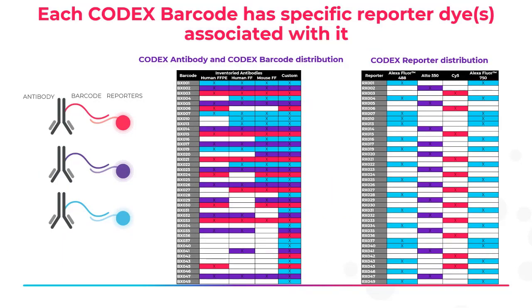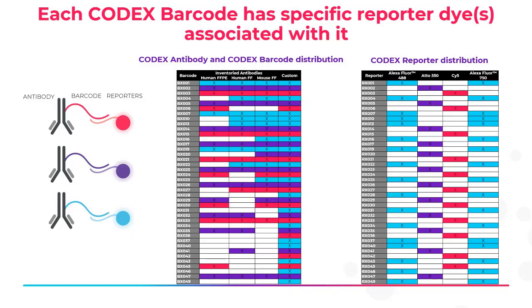Now, each barcode has a specific dye-conjugated reporter associated with it, and the antibody barcode distribution can be seen on the left. This chart tells you which barcodes have inventoried CODEX antibodies associated with them. Now on the right, you'll find the CODEX reporter distribution, and you can find what reporters are associated with a barcode by matching the numerical pairs.